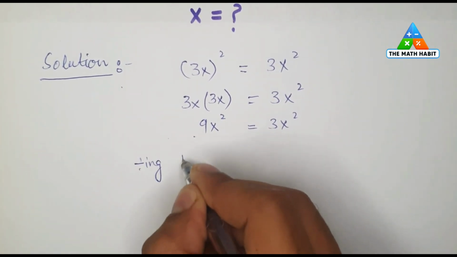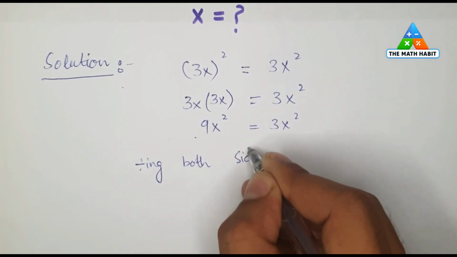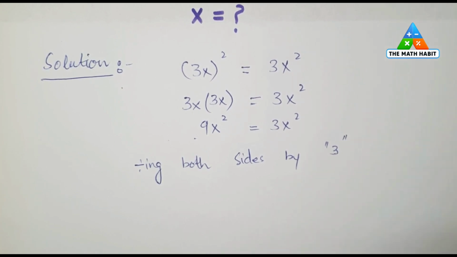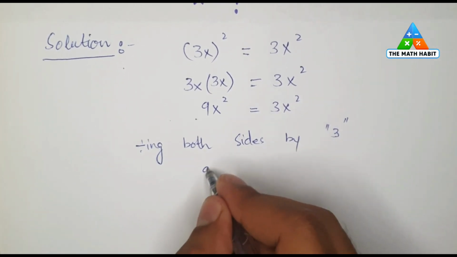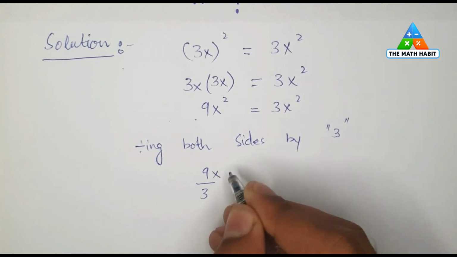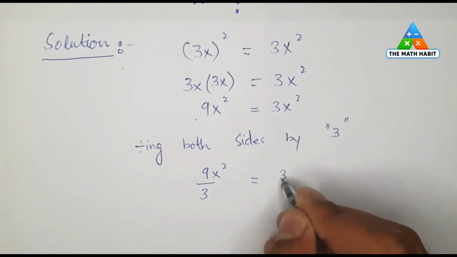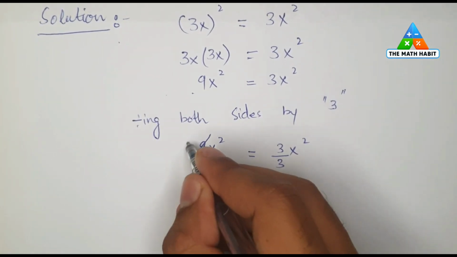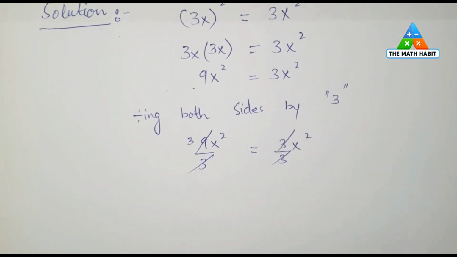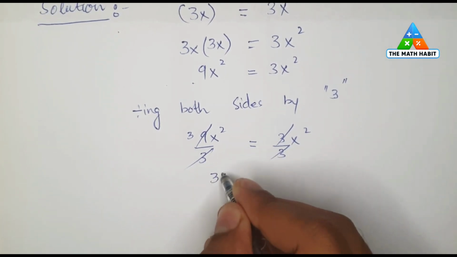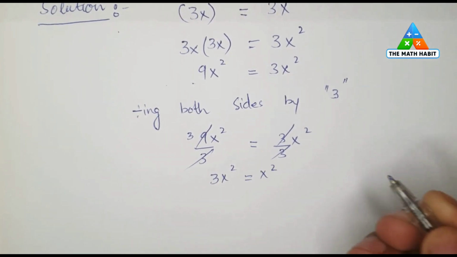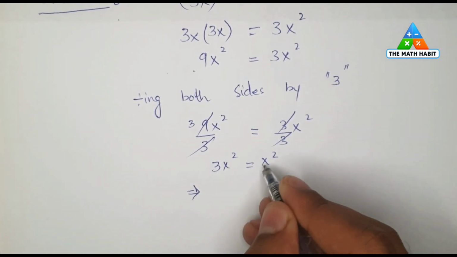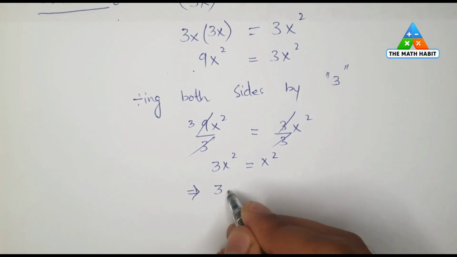Dividing both sides of the equation by 3, it will be simplified further as 9/3 x² = 3/3 x². 3 into 3 is 9, and this will be cancelled out and we will get only 3x² = x². For further simplification, we'll just move this x² to this side of the equation.